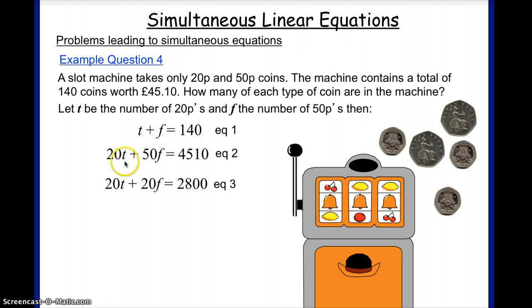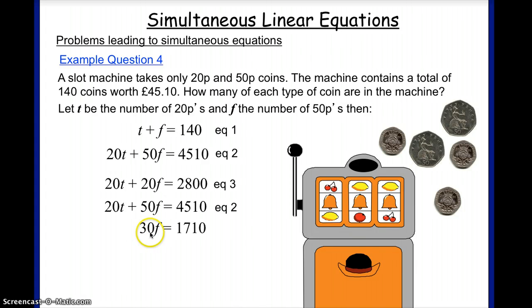Now because you have the same coefficient on T, you can just subtract them so that you can eliminate the variable T. When you do that, you will end up with 30F. Sorry, equation 2 should be written up here so that it's easy to subtract.